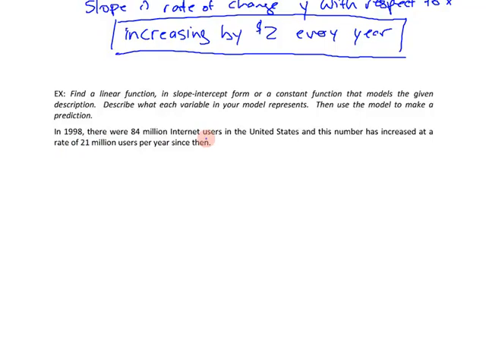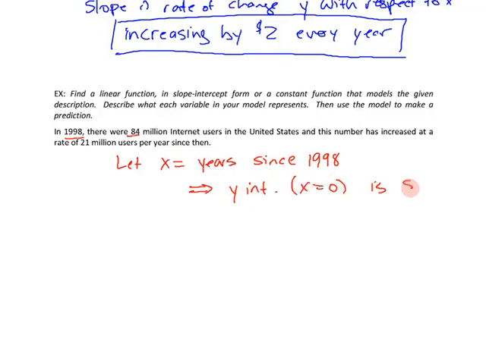So let's follow the same type of model that we've done before. Let x represent the year, but instead of the actual year, we're going to say it's the years since the value that we actually have a starting amount for, that is, since 1998. That means that the y-intercept, when x is equal to 0, is 84.